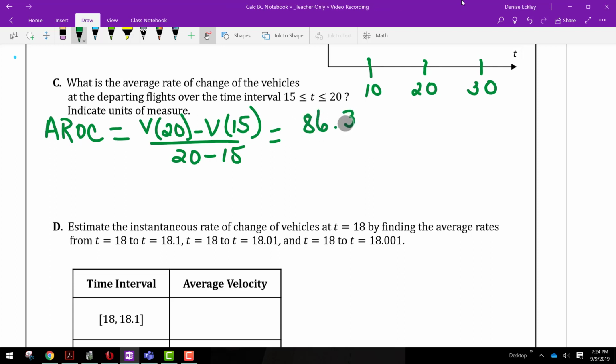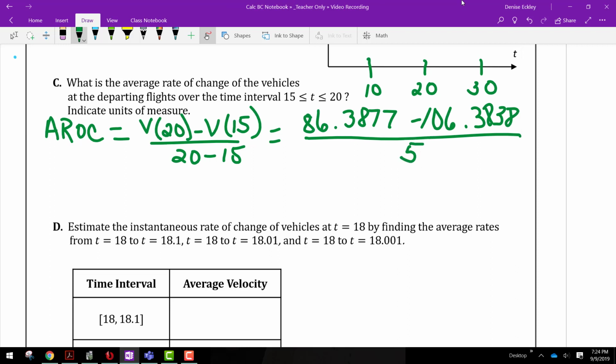So 86.3877 minus 106.3838, and that's all divided by 5. Now you might notice I used more than 3 decimal points. When you're doing any problem, keep as many as you can. It's just your answer you want to round. And this comes out to be 3.999.